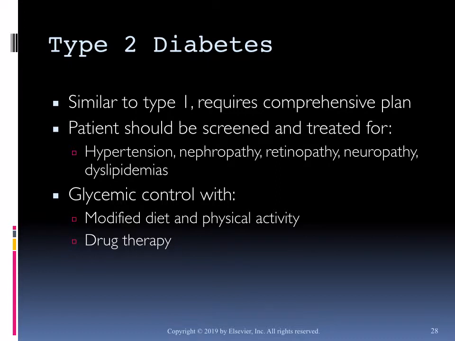You also want to, of course, emphasize with the type 2 diabetic the prevention of complications and tight control of diet and physical activity, along with any medications they might be taking. Also, preventative things you want to do include the importance of foot care, not only for the type 2 but the type 1 diabetic.